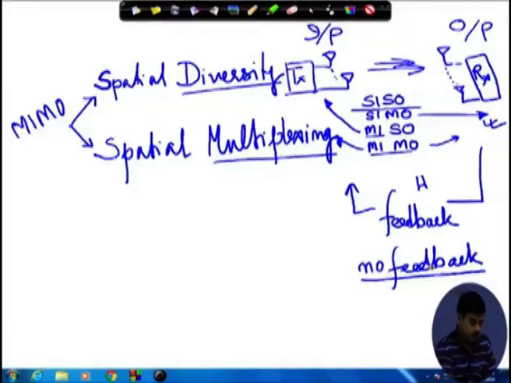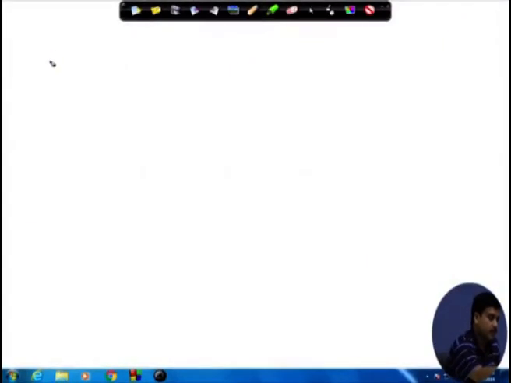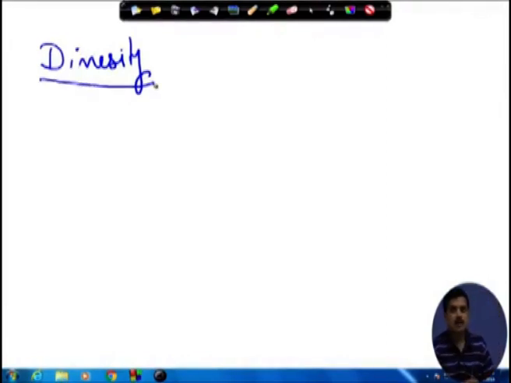So, let us get into the study of spatial diversity. When we use the term diversity, this is not very new to communications.